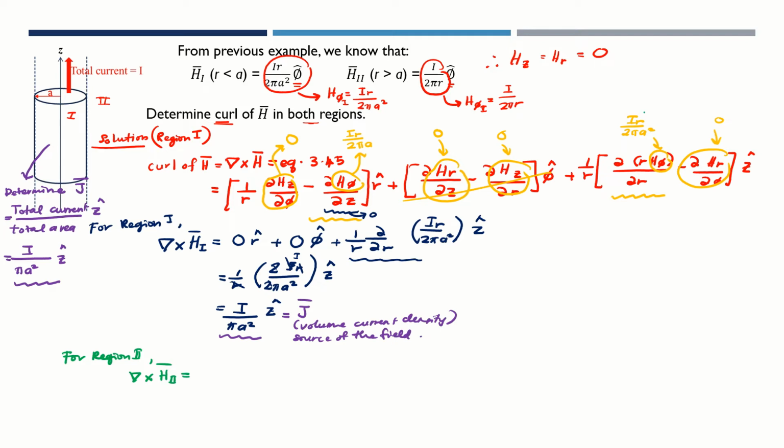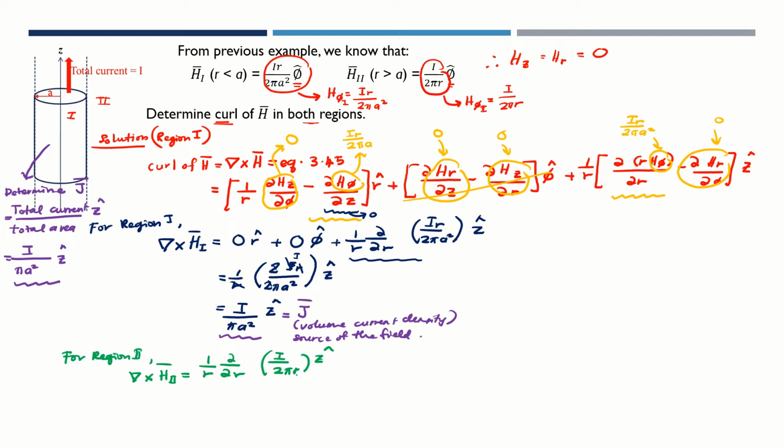The only difference is the value of H phi inside here. So it will be 1 over r d over dr of I over 2 pi r, in the z direction.